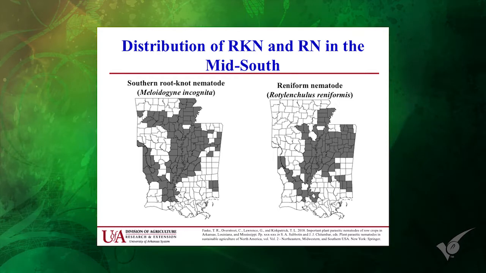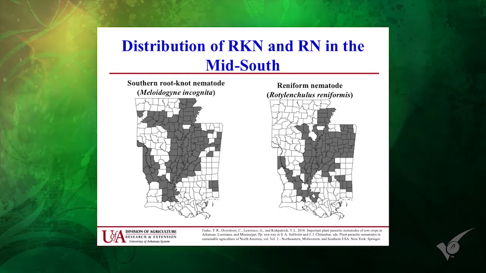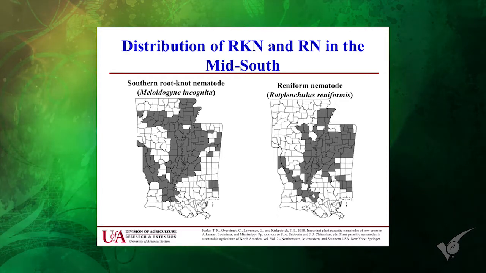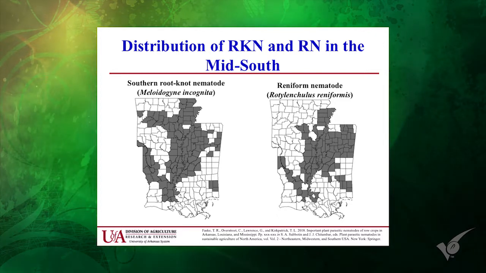This is the distribution of both root knot and reniform in the Mid-South. If you look at, definitely for Arkansas, the southern root knot nematode, that really follows the soybean production. Almost every county that has soybeans has southern root knot. That's primarily my focus in a lot of my research because it's becoming more and more problematic. A lot of that is due to our rotation.